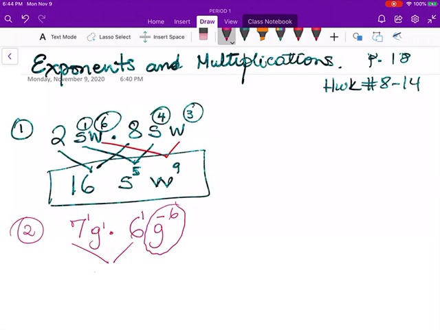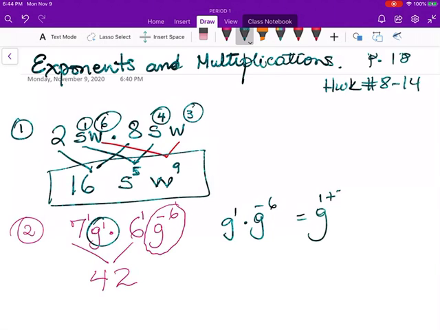7 times 6 is 42. And then g to the first power times g to the negative 6. Remember, keep the base, add the exponent. So 1 plus negative 6 will give you negative 5.